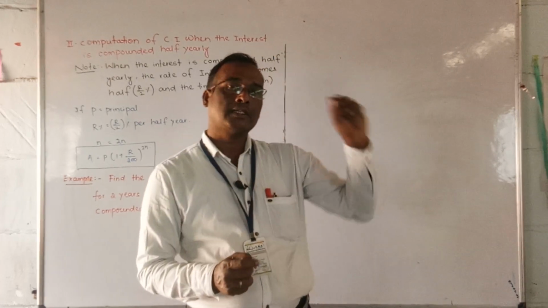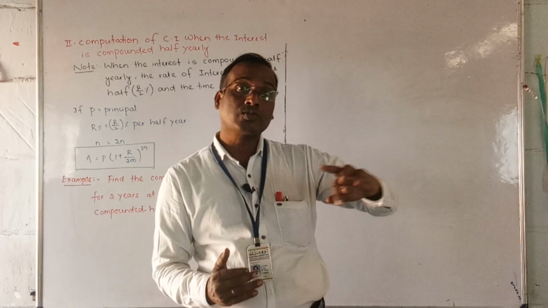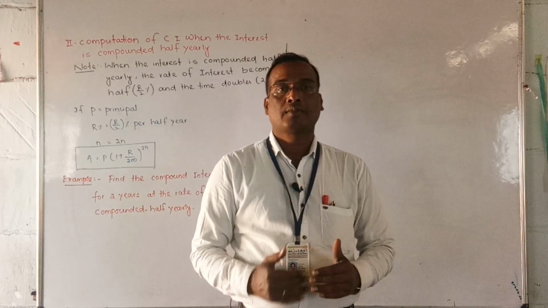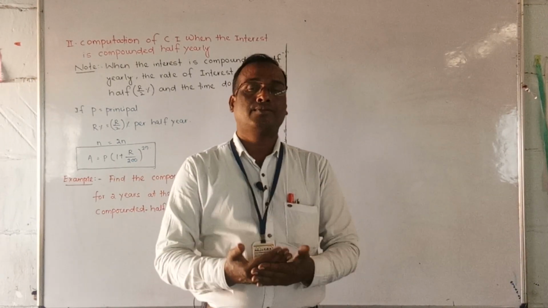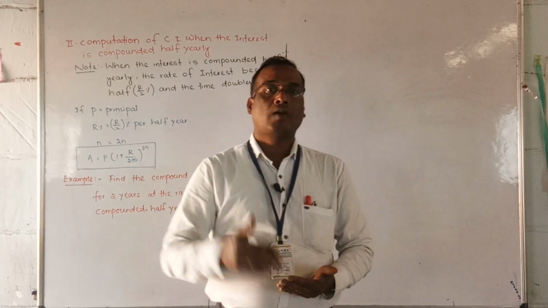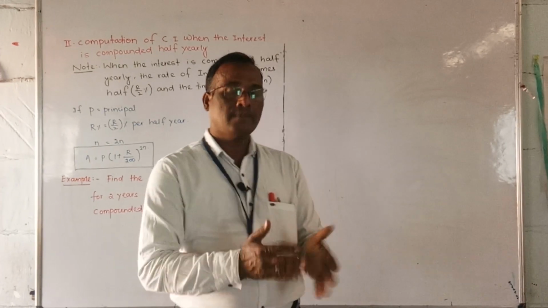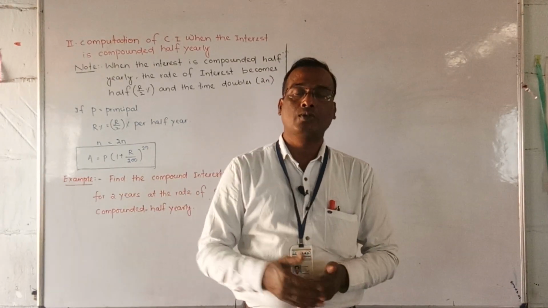Whatever rate of interest is given, we take half of it. But the conversion period becomes double, that means twice. Whatever n or time is given, we have to multiply by 2.